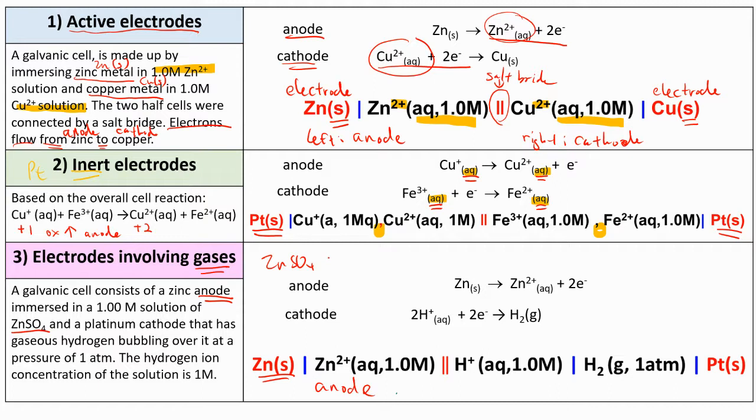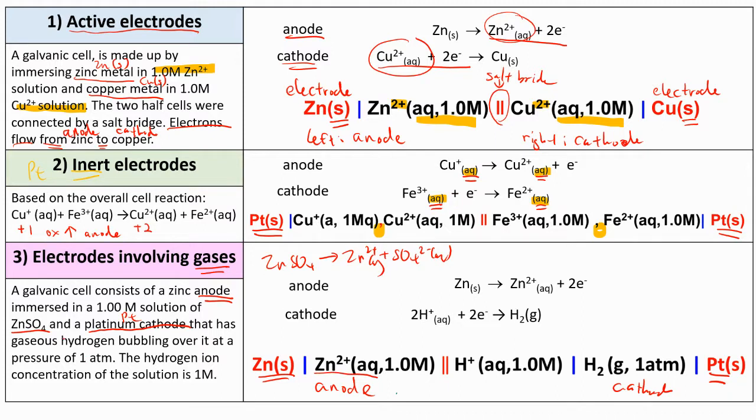ZnSO4 means there will be Zn2+ and SO4 2- ions, so that's why we have Zn2+ here. And a platinum cathode, Pt, easy to understand.